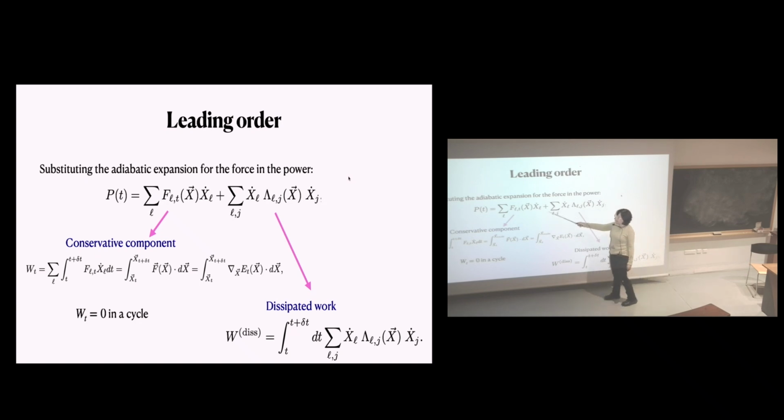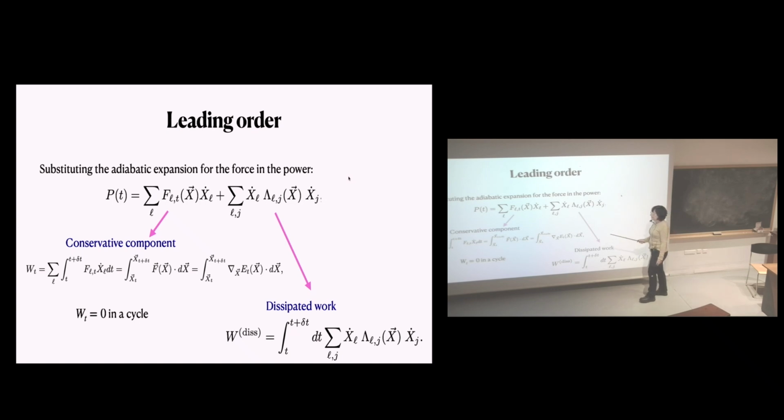The first component can be identified as a conservative component, as a conservative force, because in fact, if I evaluate the work between 2 points of a given protocol, I see that this x dot times dt can be expressed as a change in the parameter space. This is the typical thing we have for conservative forces.